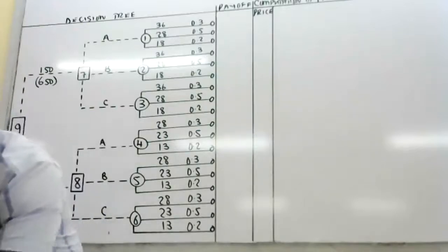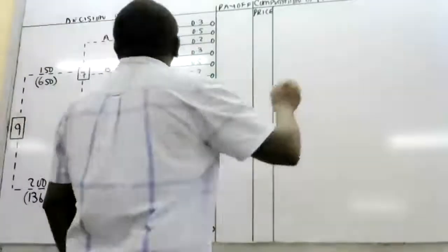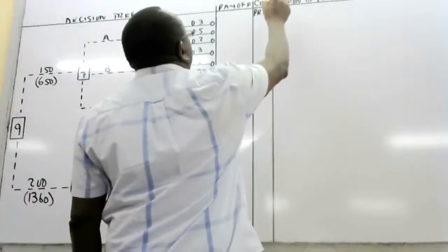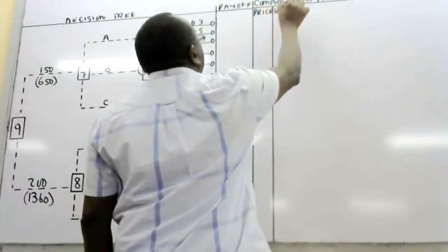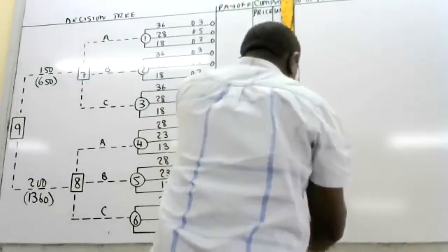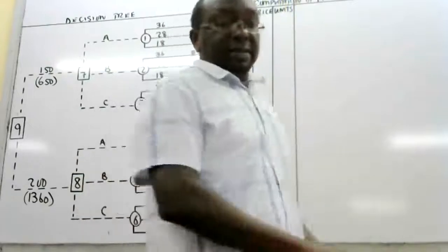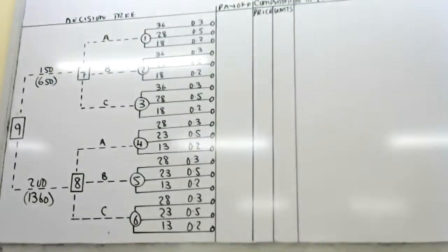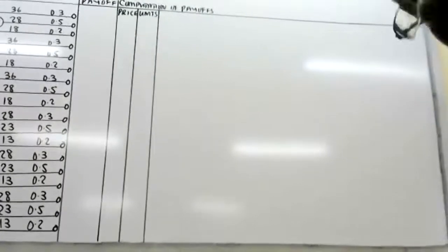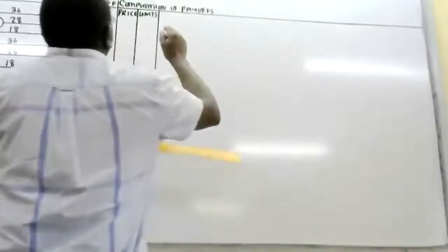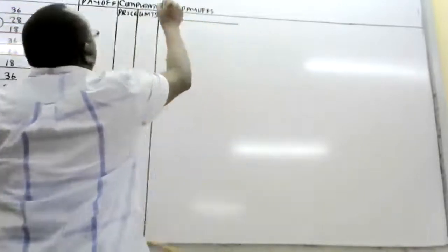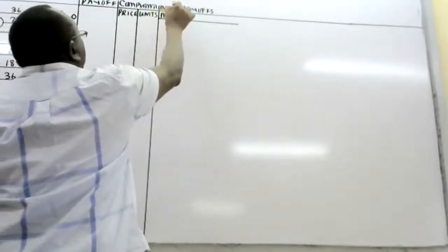So with the price there, now here we have units. Then here I will have materials in kilograms.